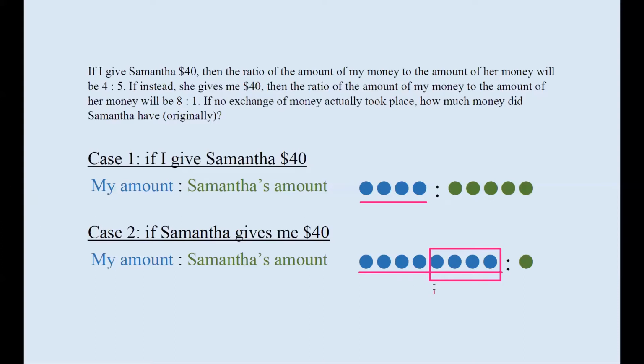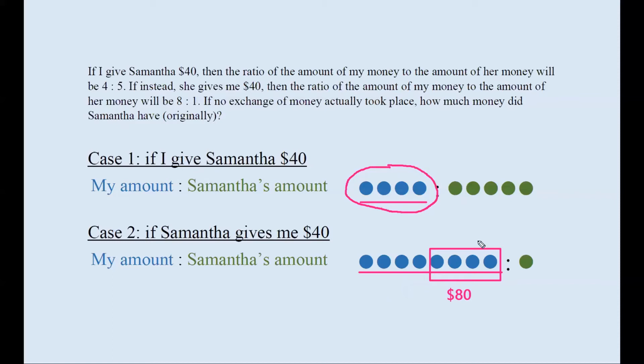Now this is worth reflecting on. Let me put it here and we'll discuss it. This is where you want to pause the video and reflect, but I will try to explain why this is the case. Take a look at this amount. This is my amount if I give Samantha $40.